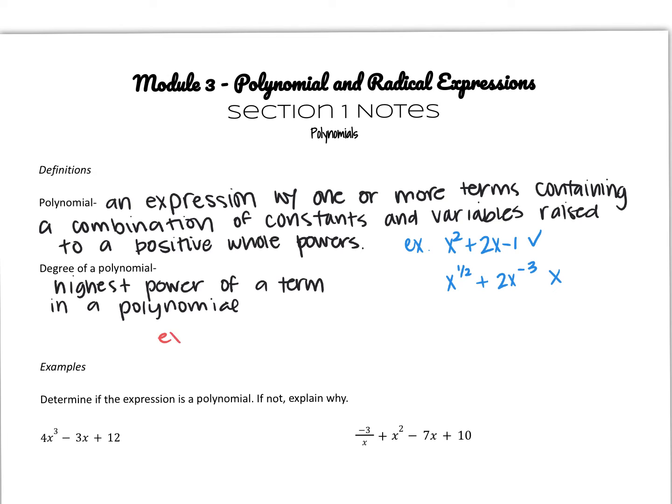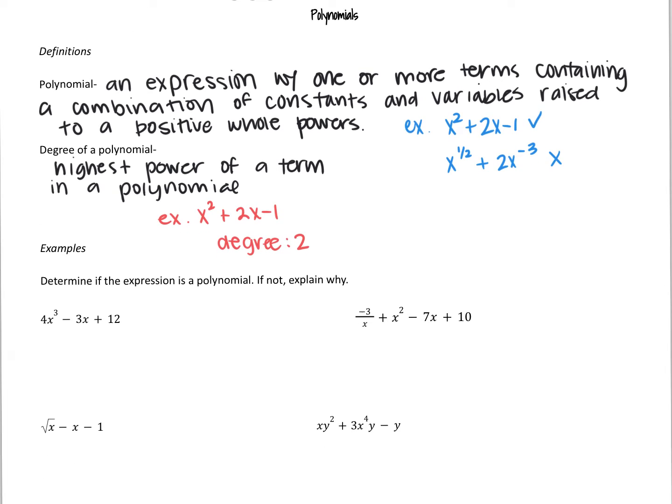For example, x squared plus 2x minus 1 has a degree of 2 because 2 is the biggest power. It is important to know that the highest power does not necessarily have to be from the first term. It could be from any term in any order.